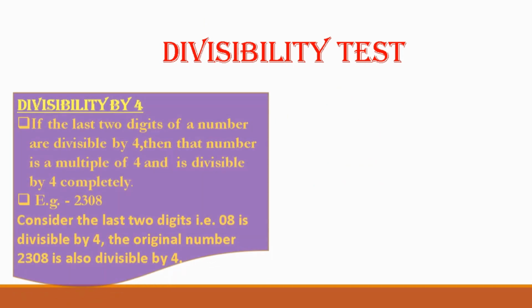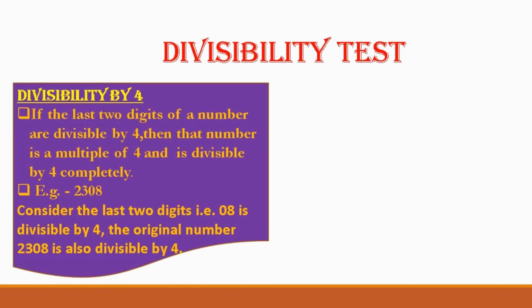Divisibility by 4. If the last two digits of a number are divisible by 4, then that number is a multiple of 4 and is divisible by 4 completely. Take the number 2308.